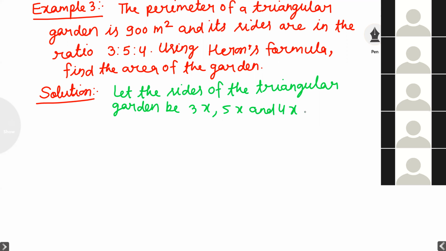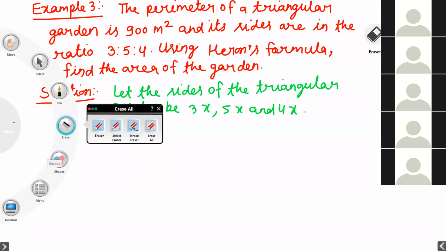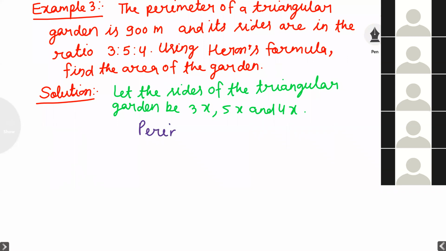Now after that he has given the perimeter of the triangular garden is 900 meter. Now I will write here perimeter is equal to 900. You know, students, perimeter is the sum of measure of all the three sides. Suppose this is one triangle.